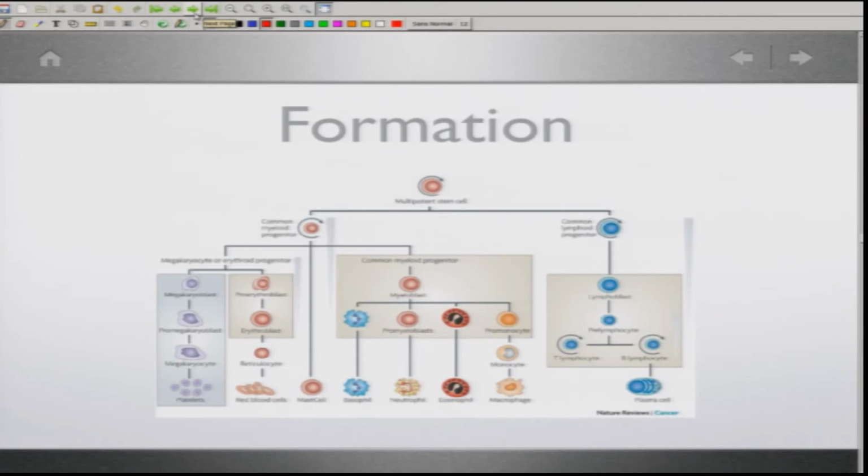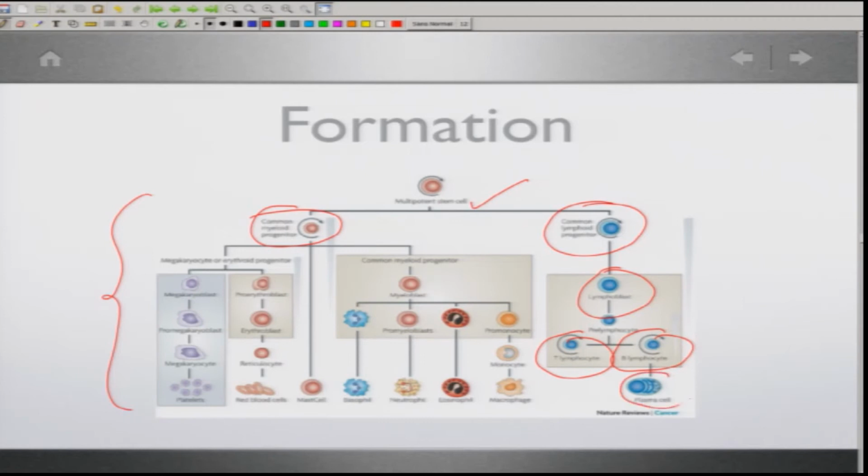So, this is how the whole circuit happens: multipotent stem cells, huge potential, and these progenitors are classified into two groups: common myeloid progenitor and common lymphoid progenitor. Then from the lymphoblast, they form T lymphocytes and B lymphocytes, which form the plasma cells.